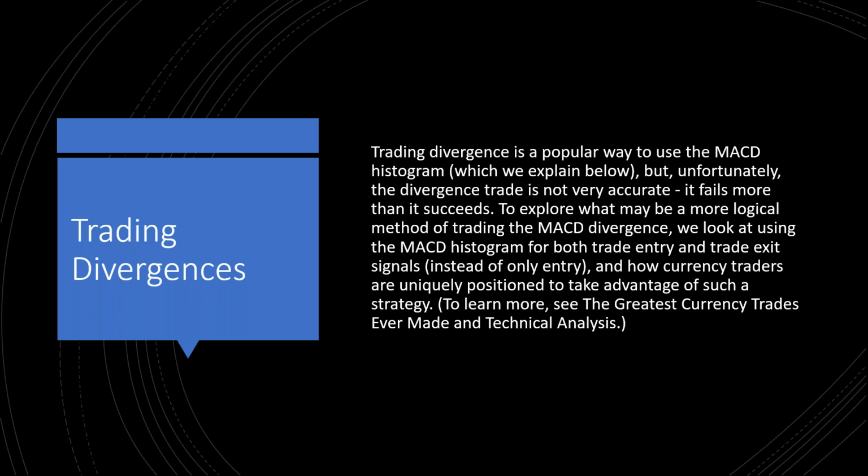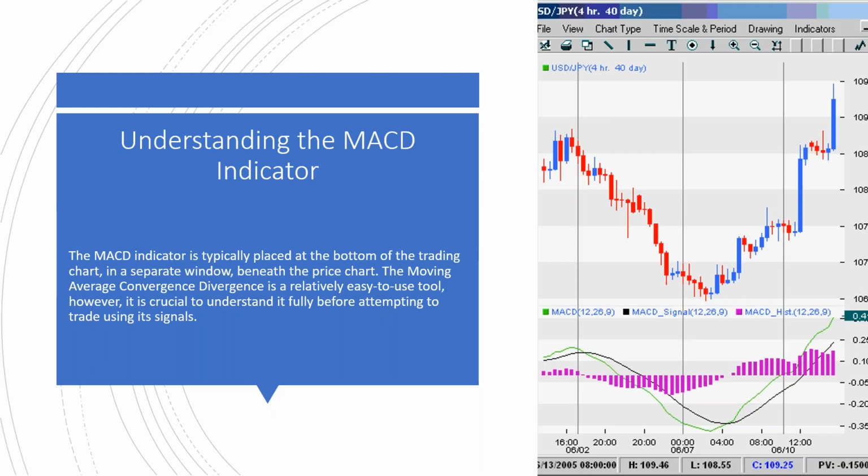But unfortunately, the divergence trade is not that accurate. It fails more times than it succeeds, but it does give you some indication that you should be watching for something. To explore a more logical method of trading MACD divergence, we'll look at using the MACD histogram as we get through the class tonight.